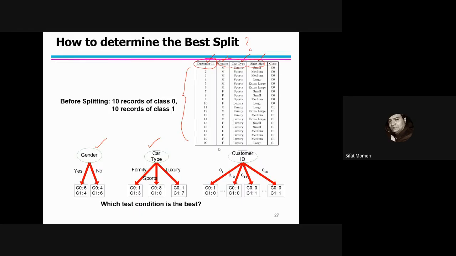Here's the first question: at the first split, which particular attribute is best to split with? Is it the customer ID? Is it the gender? Is it the card type? Or is it the shirt size? What do you think? The one that gives more accuracy right from the beginning. That's actually something we need to look into.